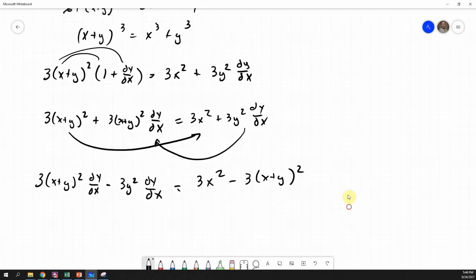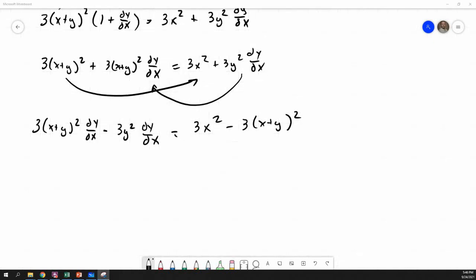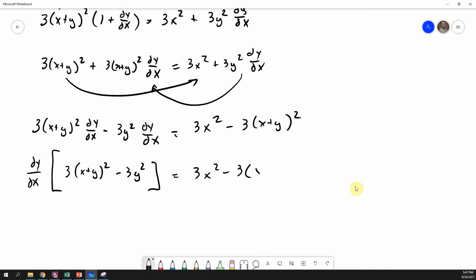Now, once again, I've got that dy dx in common, so I can go ahead and factor that out. So dy dx, and it's going to leave me with 3 times x plus y squared minus 3y squared equals, same thing over here, 3x squared minus 3 times x plus y squared.